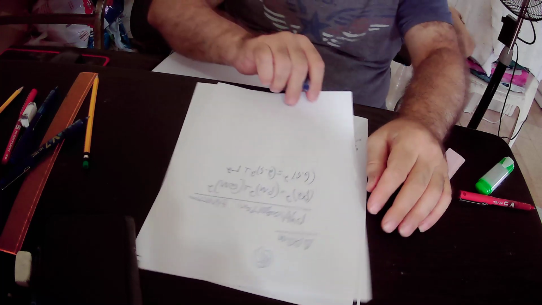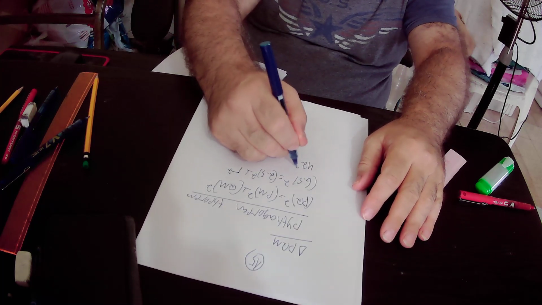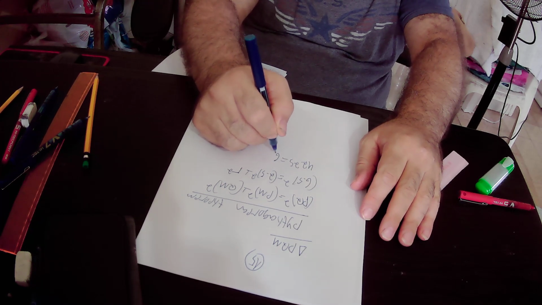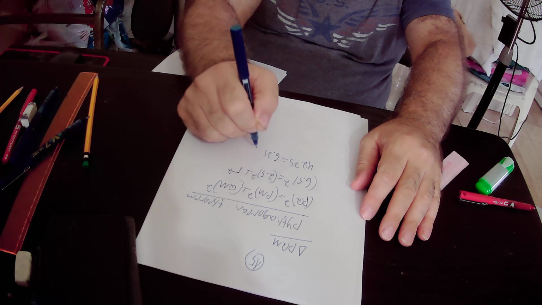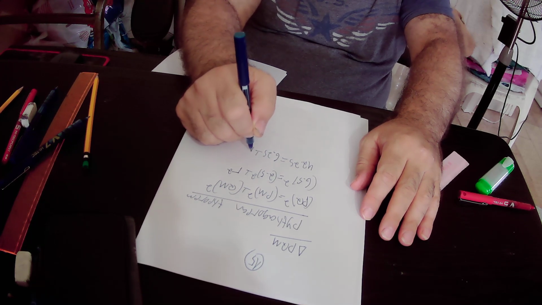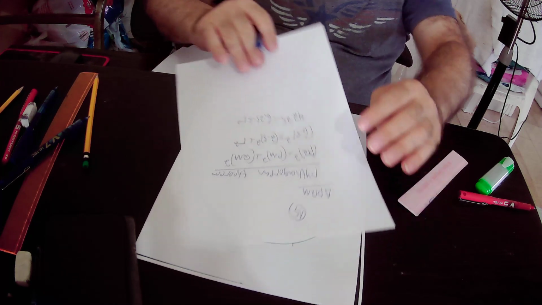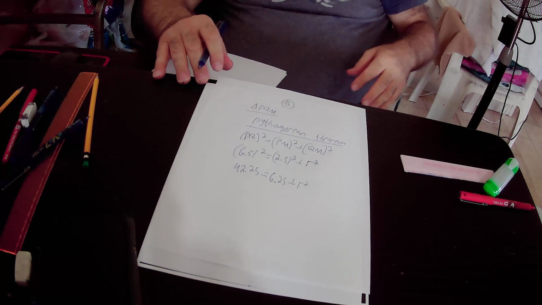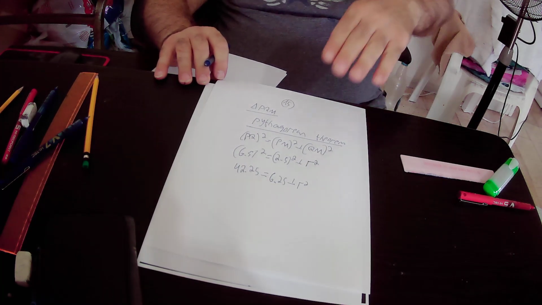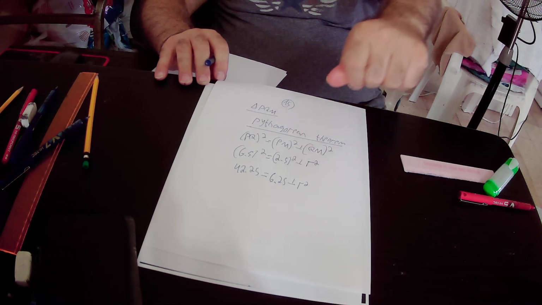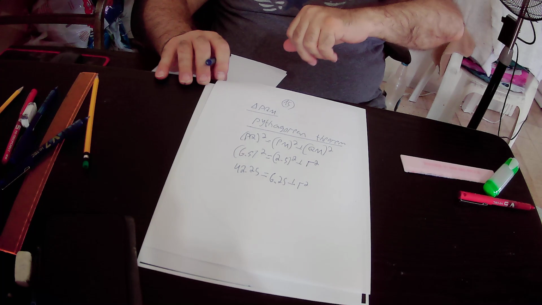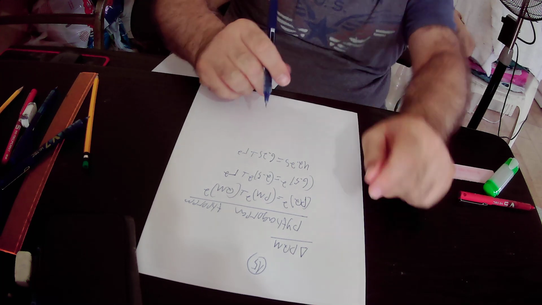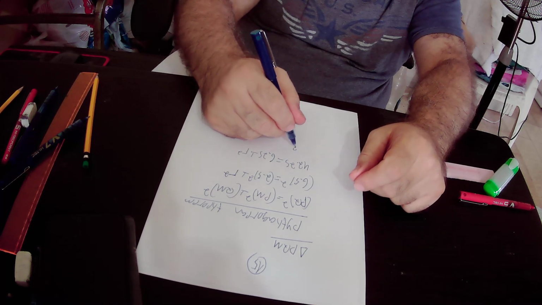6.5 square is 42.25, and it equals 2.5 square, which is 6.25, plus r square. So we got that 42.25 equals 6.25 plus r square. Here we will subtract 6.25 from this equality, and we will get that 42.25 minus 6.25 equals 36.